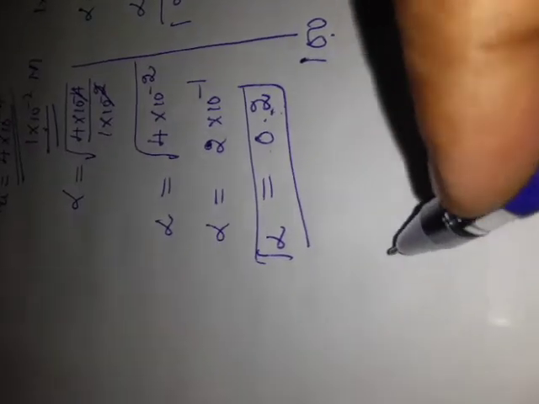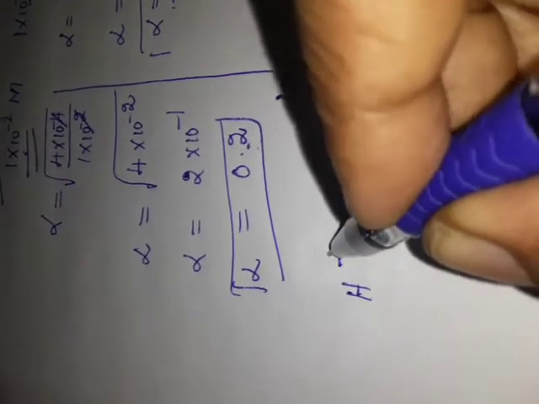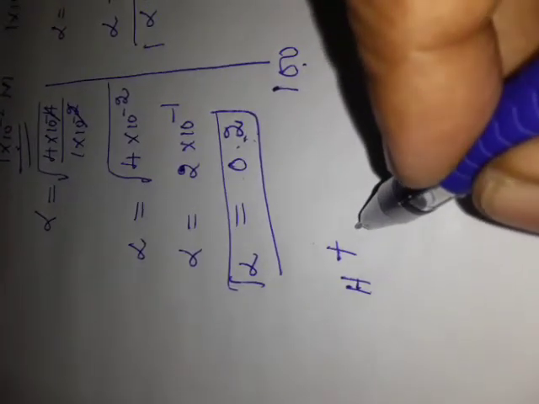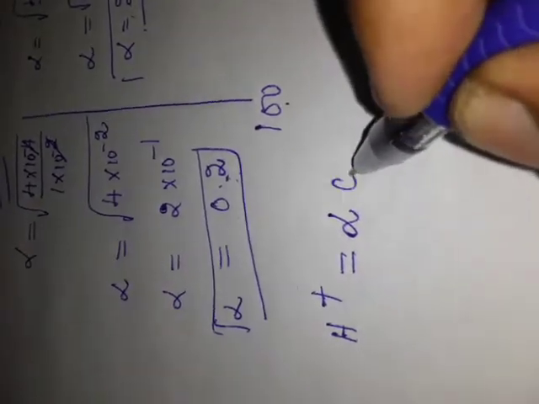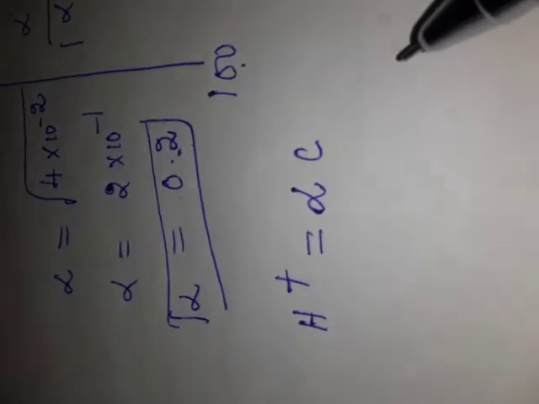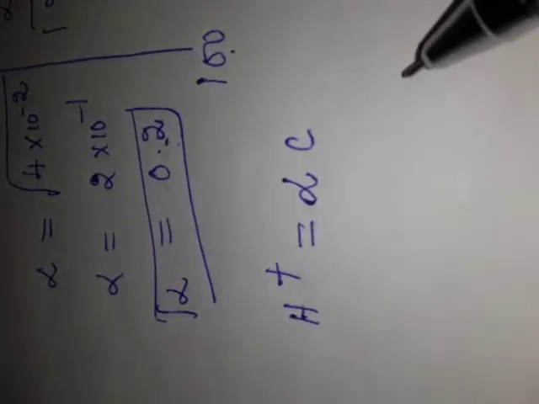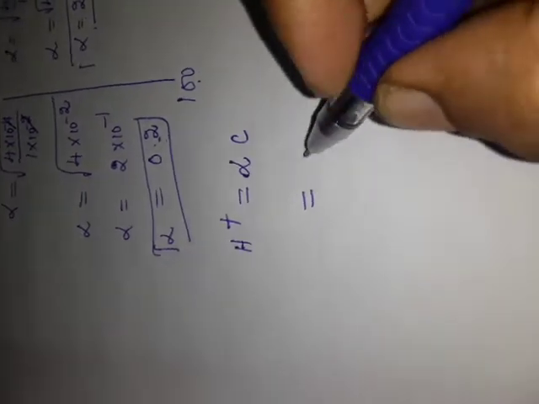Now, the concentration of H+ can be calculated as follows. The H+ concentration is equal to alpha into C. Alpha means degree of dissociation, C is molar concentration. Alpha value you already know, square root of Ka by C. So substitute here.